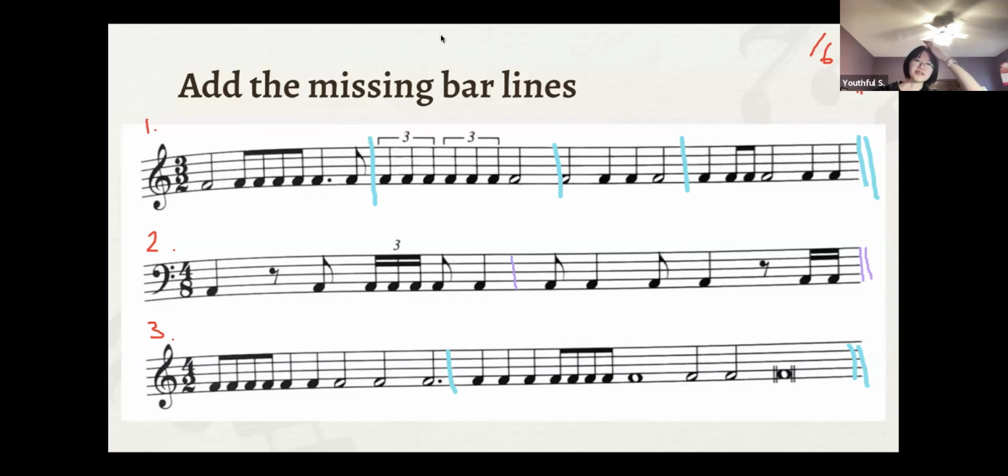So this one's kind of hard to just give a message in the chat. But if there's a question where you can just type in the answer, then you can do that one. Are you guys already done or no? Okay, tell me when you guys are done adding bar lines.